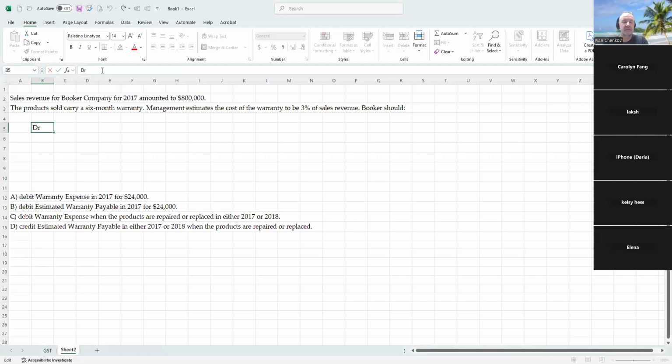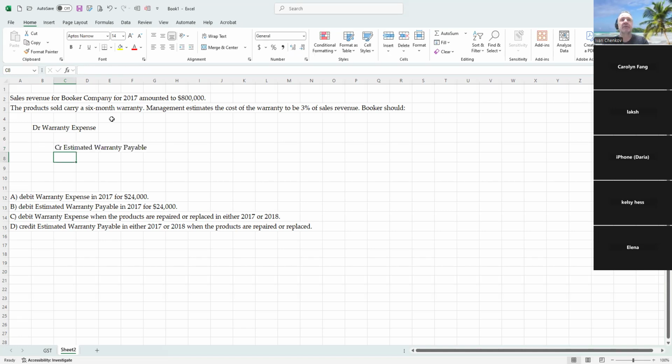Warranty expense. And I have to credit some account. Credit will go to estimated warranty payable.